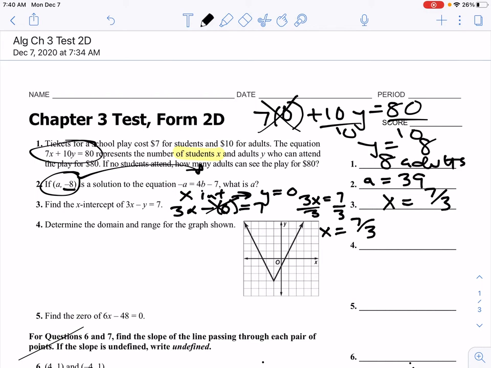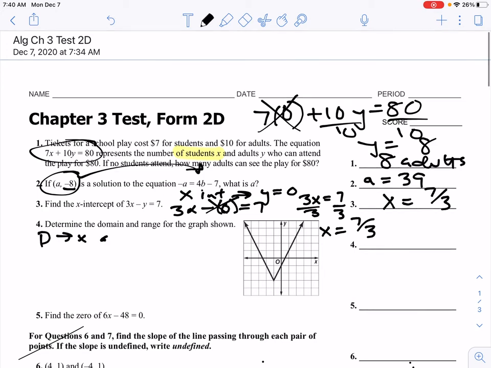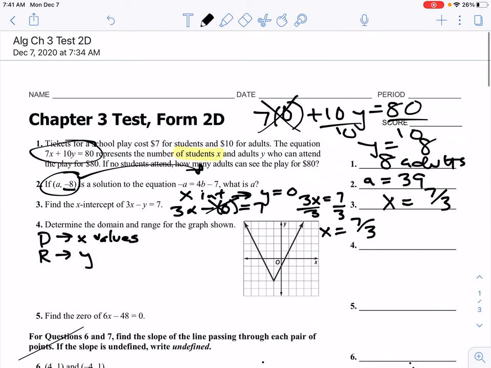which you will get. All right, last one here, and then we'll pause the video and do some more. Actually, I think we'll do 4 and 5 yet. Determine the domain and range for the graph shown. All right, well, your domain is always all your x values that you can put in, okay, x values, and your range is your y values that you get as a result.